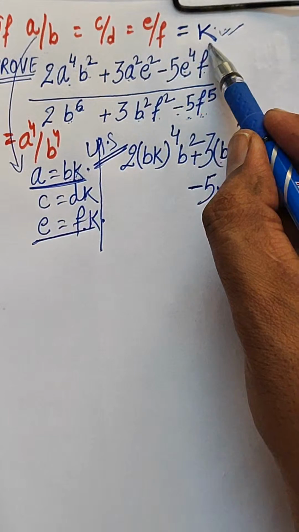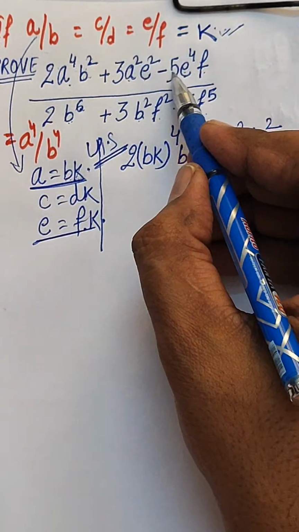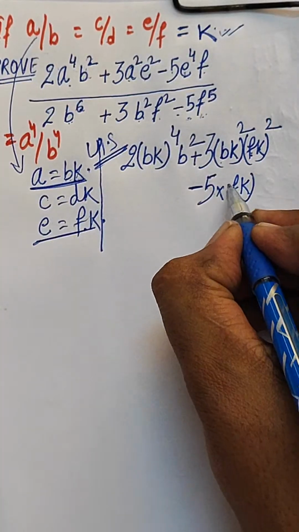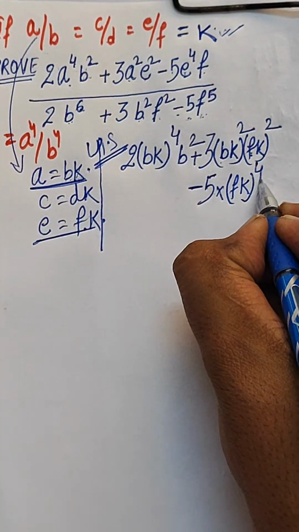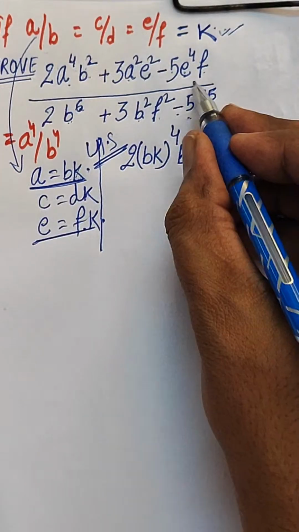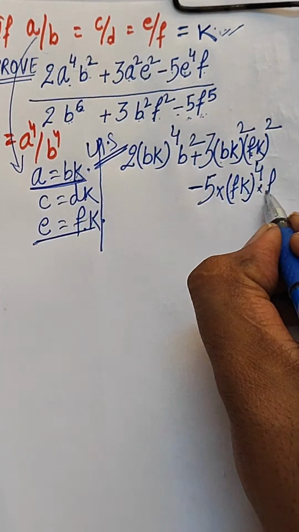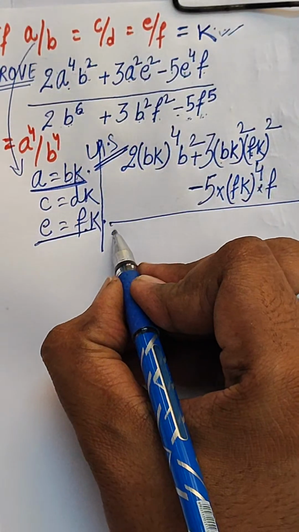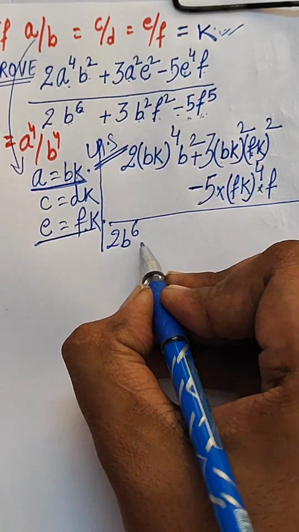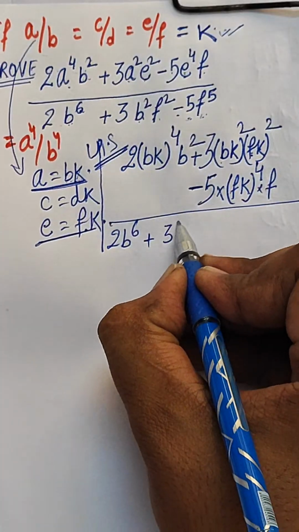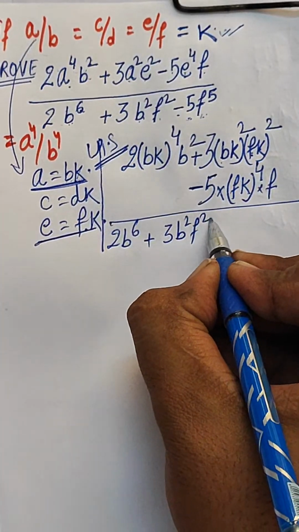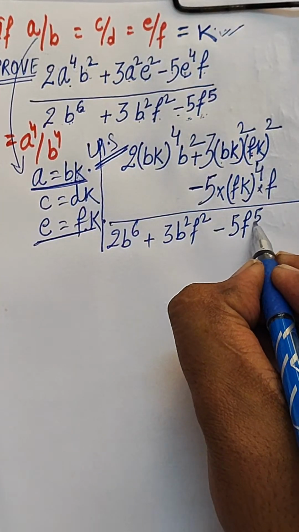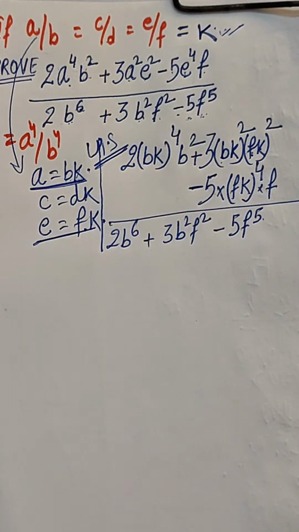So minus 5 times, instead of e, write (fk)^4 multiplied with this f, divided by the denominator as it is. Just write it as it is: 2b^6 + 3b^2 f^2 - 5f^5.